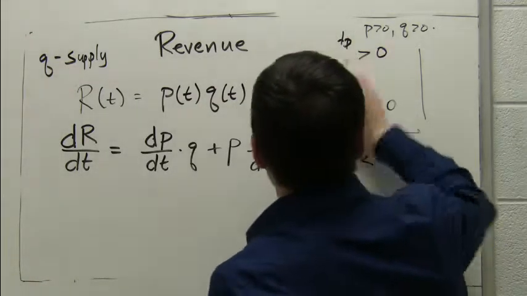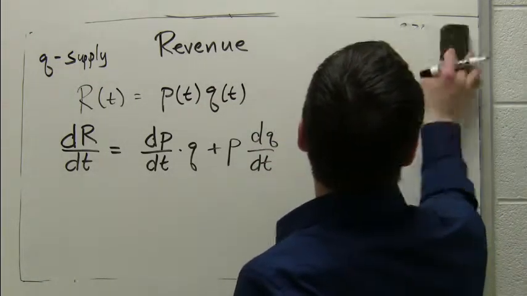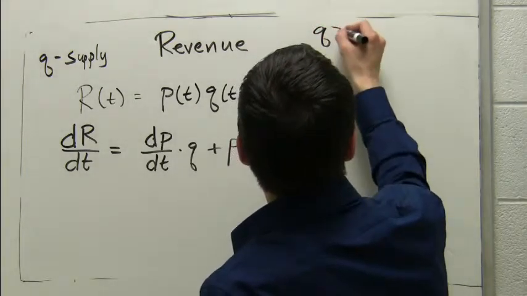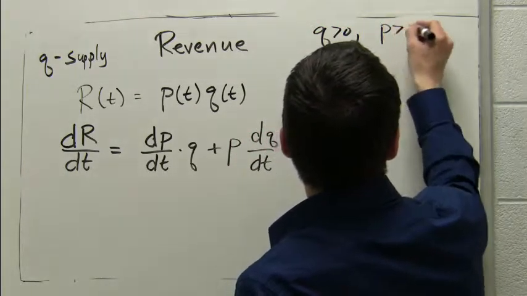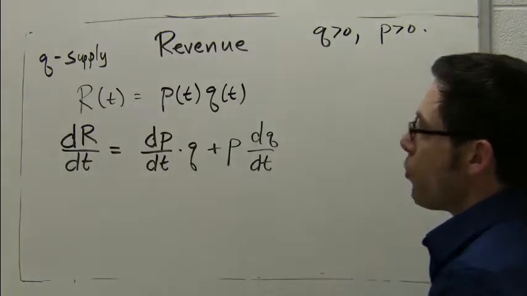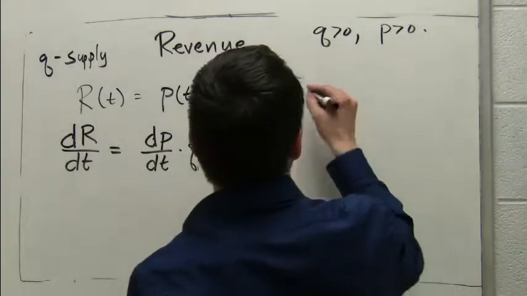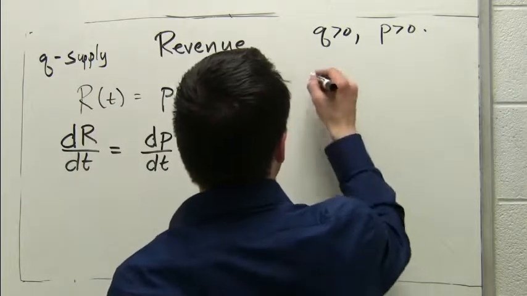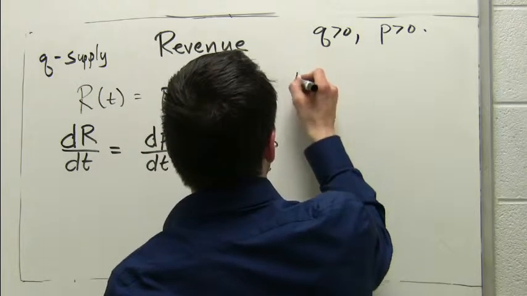Well, again, we can get some ideas here. If Q is positive and P is positive, I can get some ideas of how revenue is changing. I know that if we're talking about supply, then we have a different kind of relation.